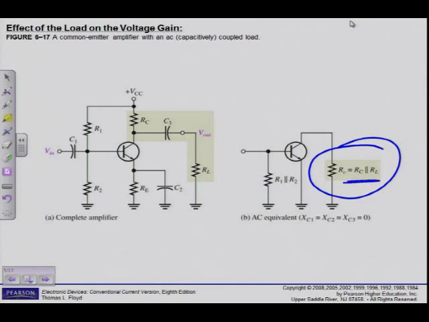Then I have to calculate that value. As soon as I have RL in my circuit, I have to calculate, because when we drew the equivalent circuit for the AC signal, RC is in parallel with RL. How does this influence my voltage gain?